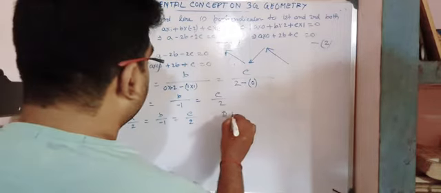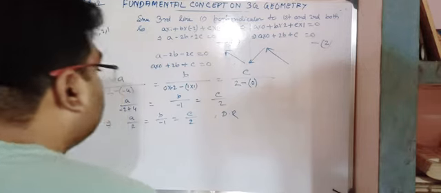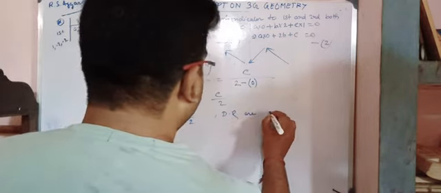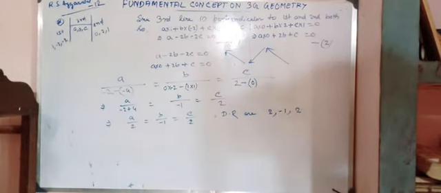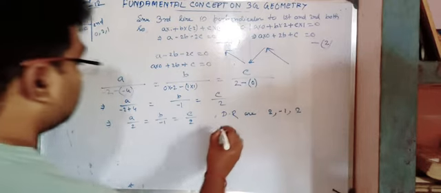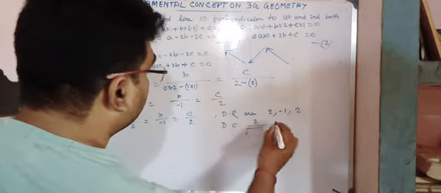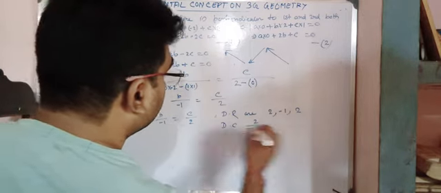Now what we have to find is the direction cosine. The direction ratios are 2, minus 1 and 2. Direction cosines are 2 by root over of 2 square plus minus 1 square plus 2 square, comma.